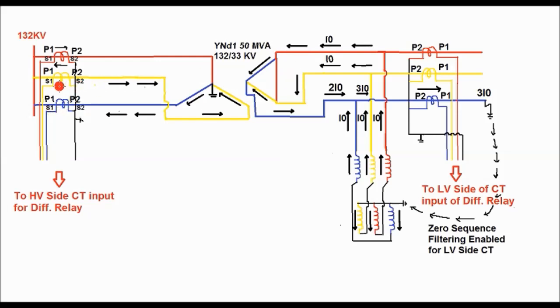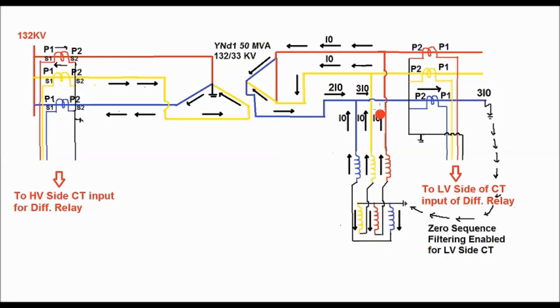So here the I0 proportion of the current will be there for the yellow phase CT and blue phase CT. That is I0 by 4 and I0 by 4 for the yellow and blue phase CT. But here the current sensed by the blue phase CT is 3I0, and that is why there will be a mismatch of the current in the differential relay. So the relay might trip under through fault condition.